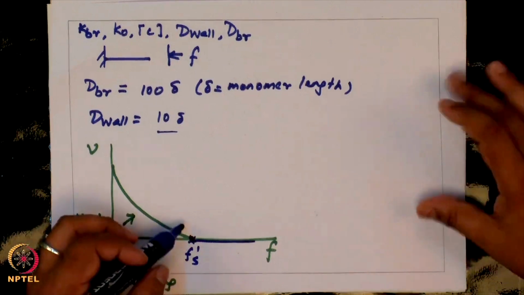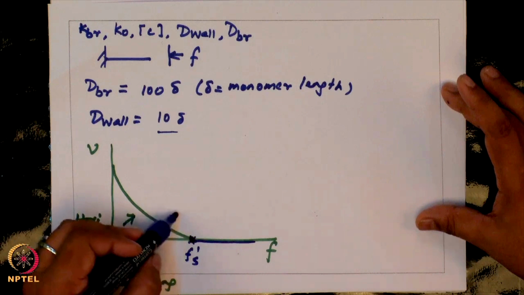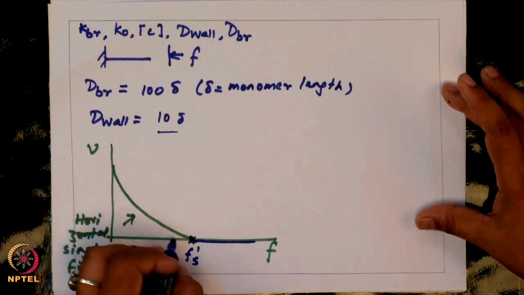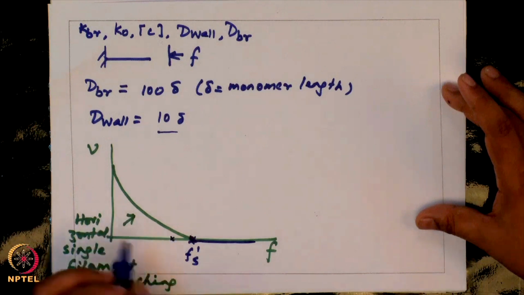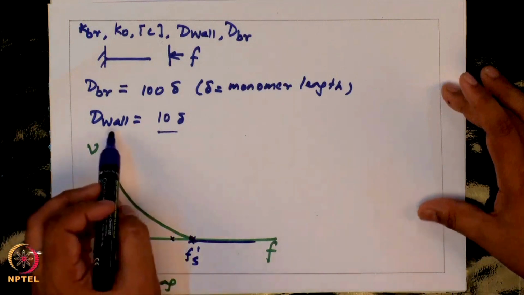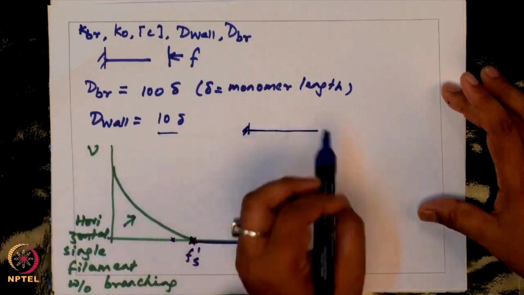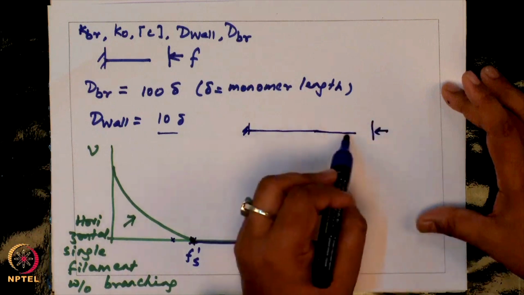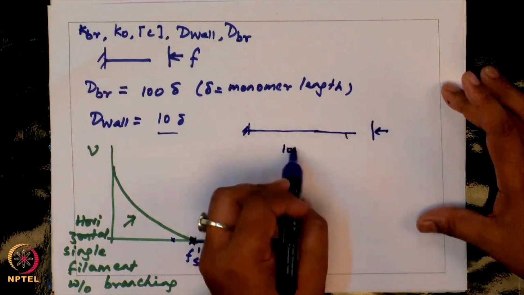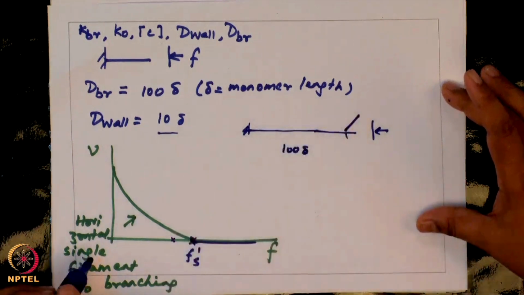But imagine that the force on the wall is less than the stall force, let us say we are operating somewhere here at this value of force. So, there is a possibility that a single filament will keep pushing the wall further and further, till you reach a distance of 100 delta, such that a new filament can form.